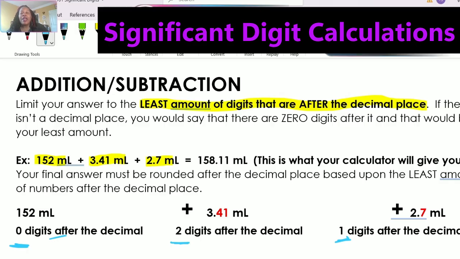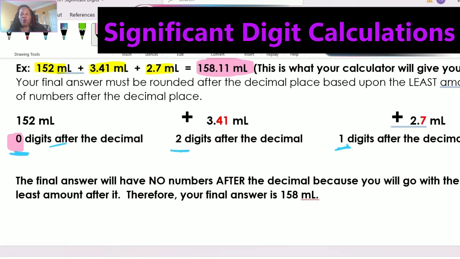Now your calculator is going to give you this number here that I'm going to highlight in pink. That number there is what your calculator tells you, 158.11, but you cannot put that as your final answer. You have to go with the least amount of digits after the decimal. So the least amount will be 0. So our final answer would be 158.